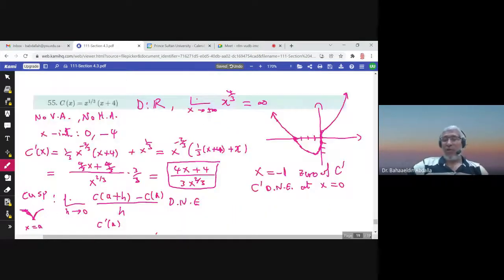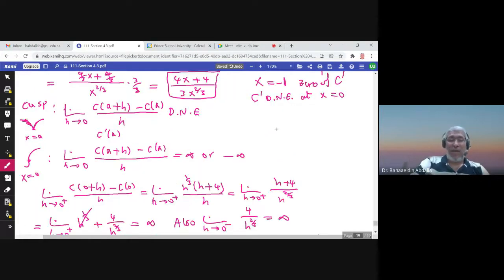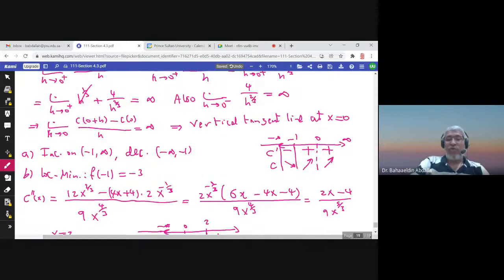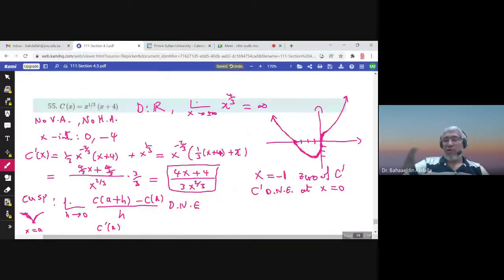So because up to here, the graph will be concave up, and starting from 0, the graph will be concave down. Up to where? Up to 2. So up to here it's concave down, and then from 2 it starts to be concave up. So this would be the graph, and it satisfies everything.